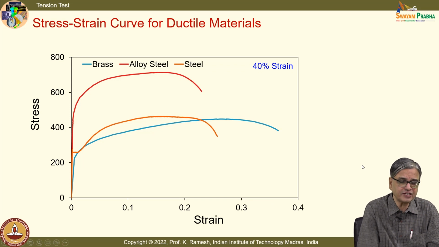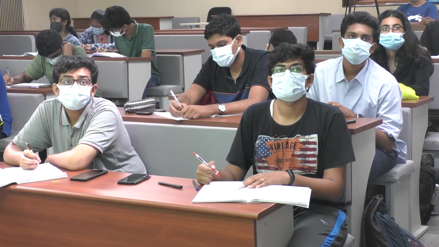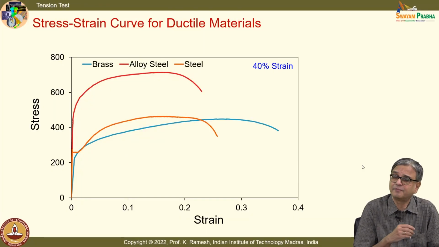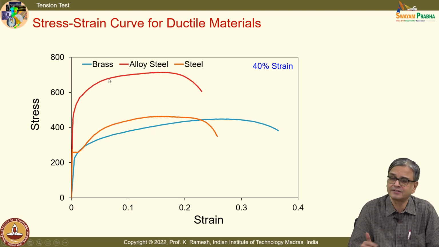And what is the first observation you see from alloy steel to steel, mild steel? What is the first observation, striking observation? See, mild steel has lower yield point. Well, he has looked at it that this has a lower yield point, and this apparently has capacity to withstand large stresses.